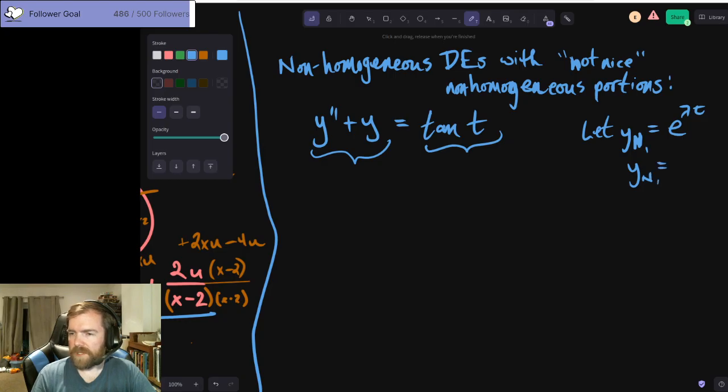First derivative is lambda e to the lambda t, and second derivative, oops, it's important notation, is going to be lambda squared e to the lambda t.